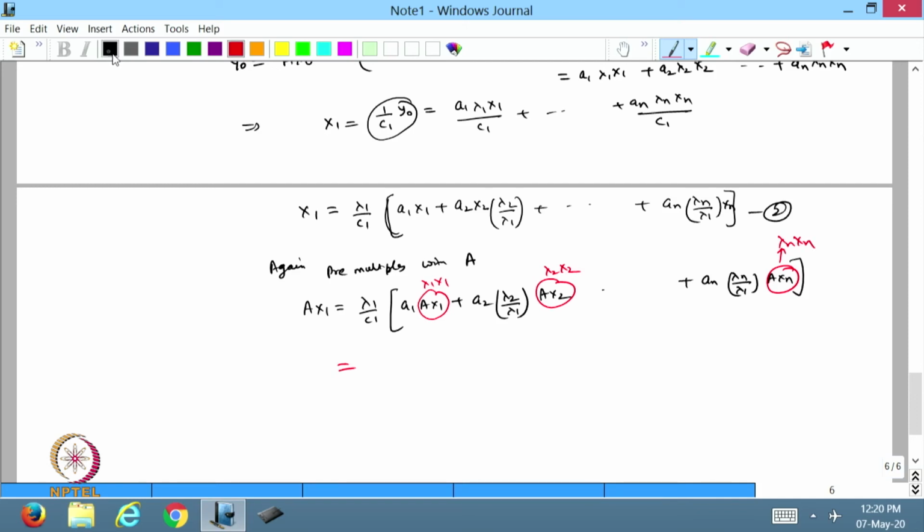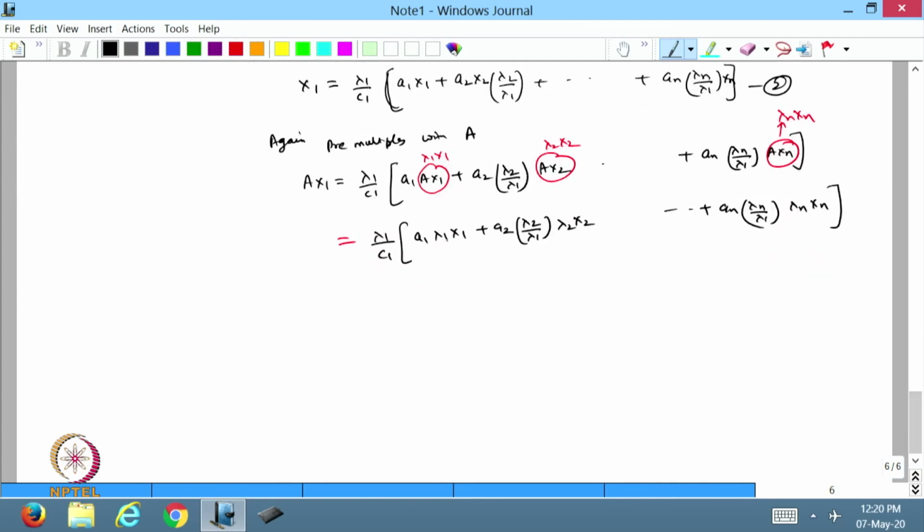So, I can write this as lambda 1 over c1, and then a1 lambda 1 x1 plus a2 lambda 2 over lambda 1 lambda 2 x2 and an lambda n over lambda 1 into lambda n xn.